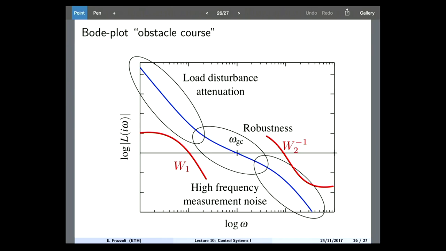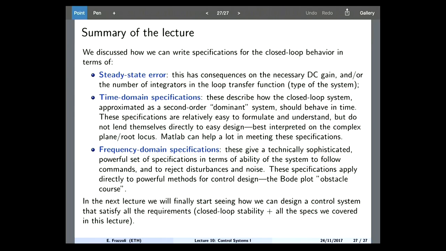But essentially, this is all you need to know in terms of specification. Okay, so summarizing. If somebody writes to you, I want to have a steady state error of such and such, possibly 0 to, say, unit steps, translate that to English.